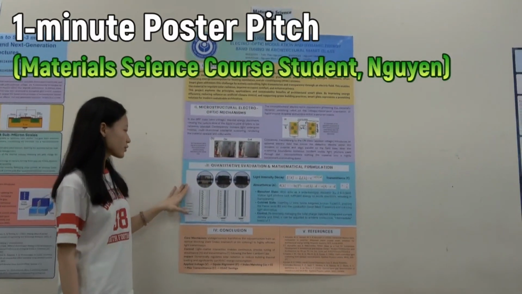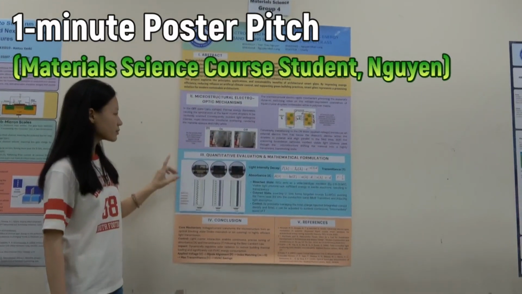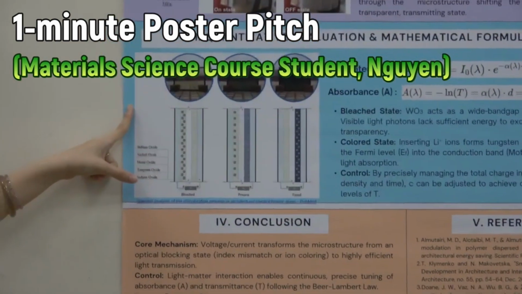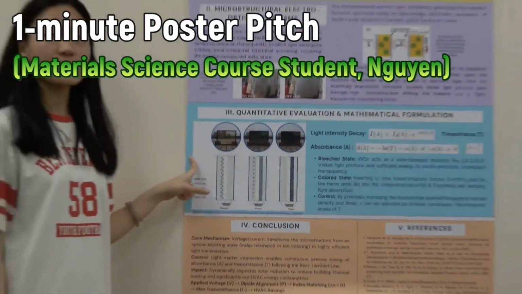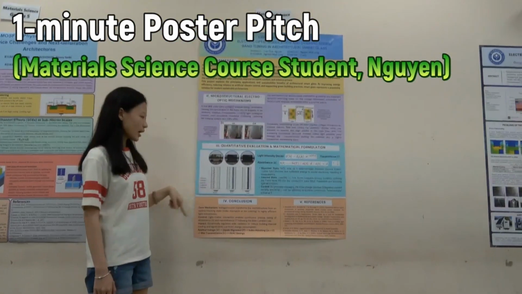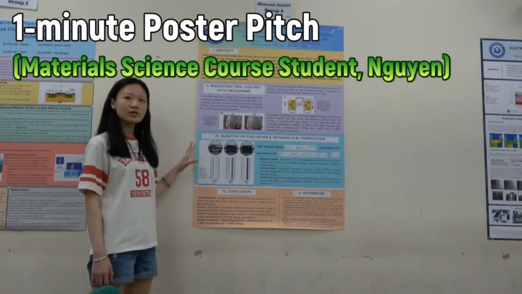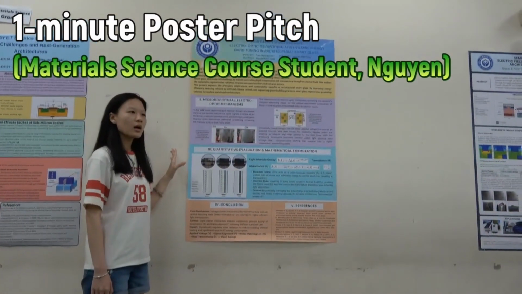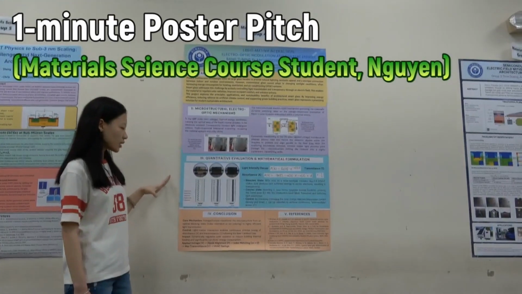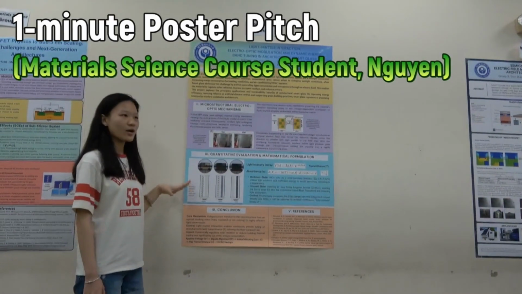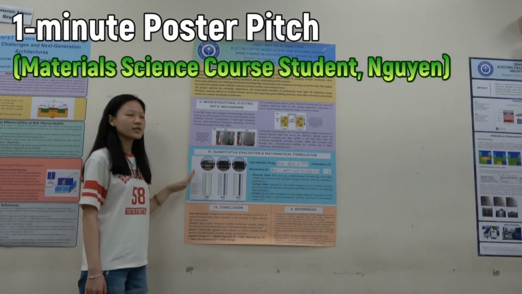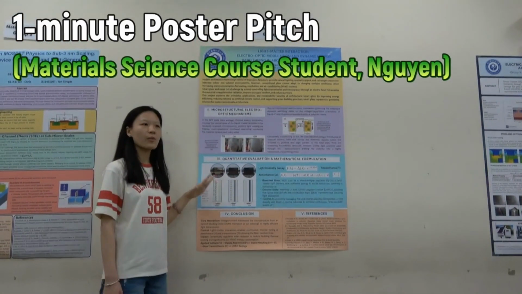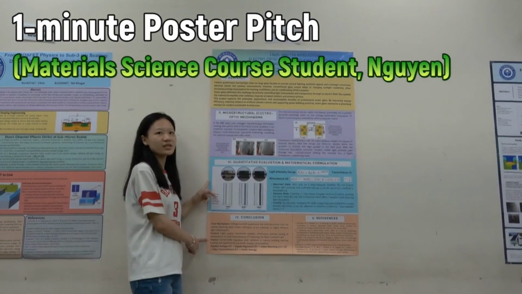We also use the Beer-Lambert law to measure this transmission. This technology cuts down cooling energy for buildings. If you want to know more detail, please check out our poster.